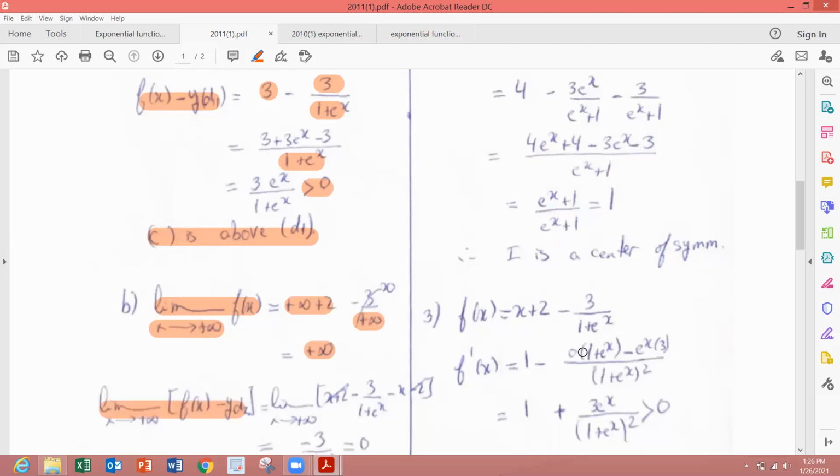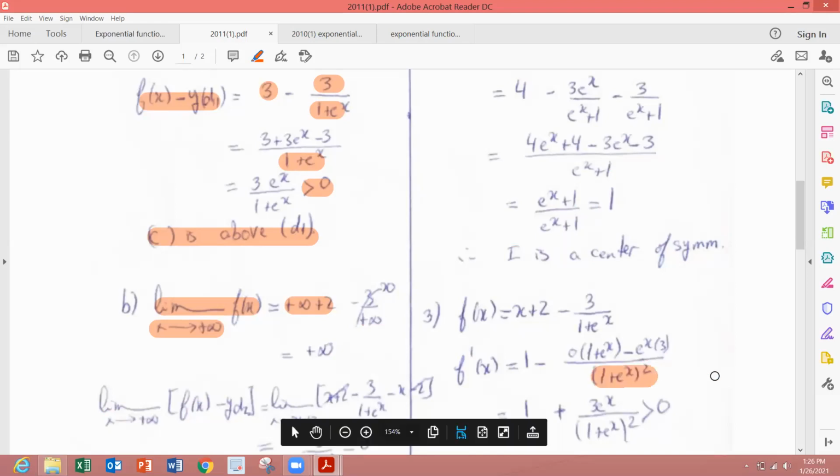This is u prime v minus v prime, the derivative of 1 plus e^x is e^x, times 3, over v squared, 1 plus e^x squared.